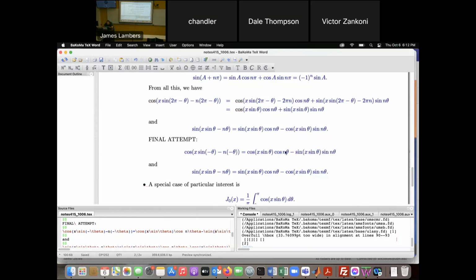Then I have sine of minus theta, the minus passes through here. But then the minus comes out again. And then, okay, there's sine of n theta.